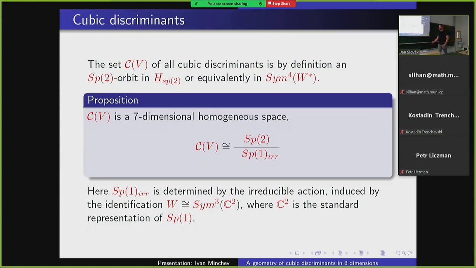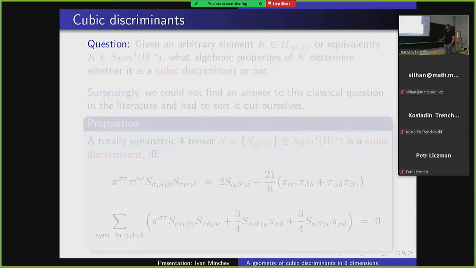So W is a reducible representation of sp1, and of course it's in the stabilizer of the cubic discriminant, and it's a bit more work just to show that it's precisely the stabilizer. So the cubic discriminants are just this homogeneous space.